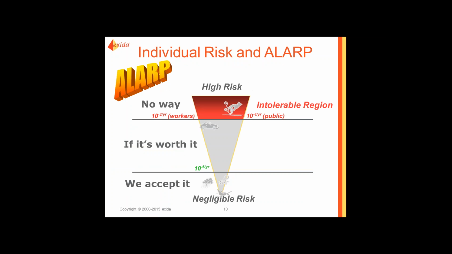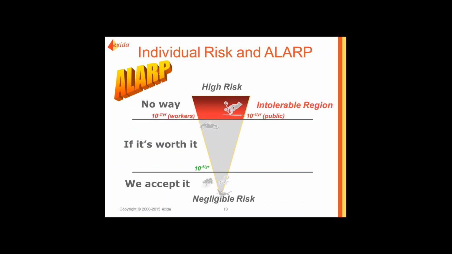So what is individual risk, and how do we look at this in terms of our tolerable risk? Well, there's the premise of ALARP, which is as low as reasonably practicable.